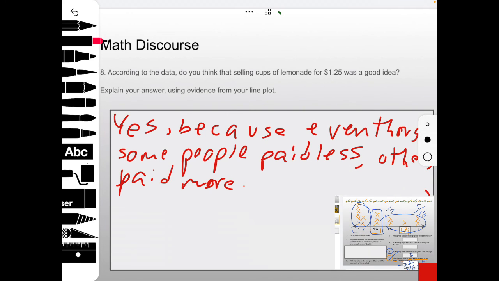And you could figure out how much more if you looked at these. 2 people paid $1.50. Well, that would be 1/4 more.